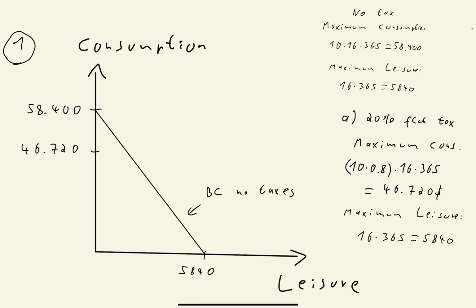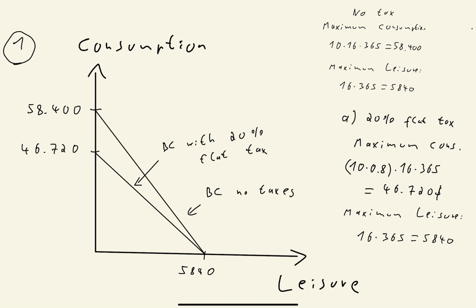Now let's connect the intercepts, and then we get the budget constraint with taxes, with the 20% flat tax. So let me denote this here. This is a budget constraint with 20% flat tax. And as you can see, it's not as steep as the budget constraint that we had without the tax.